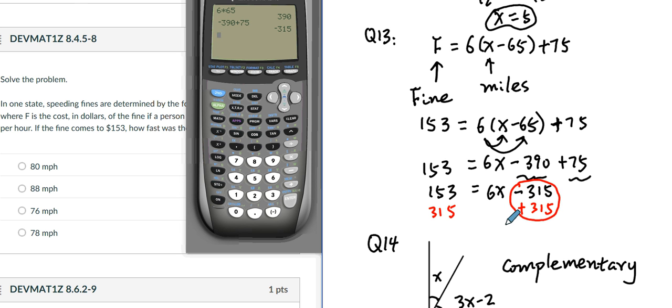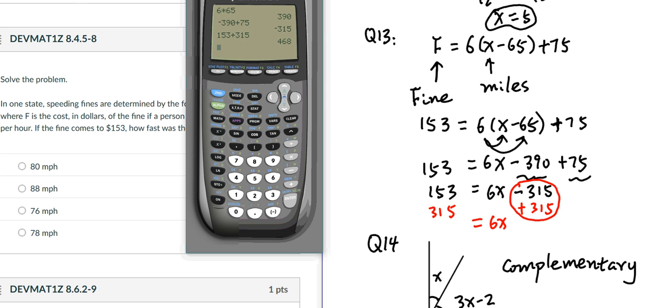So on the right-hand side, you have 6x. On the left-hand side, you then have 153 plus 315.